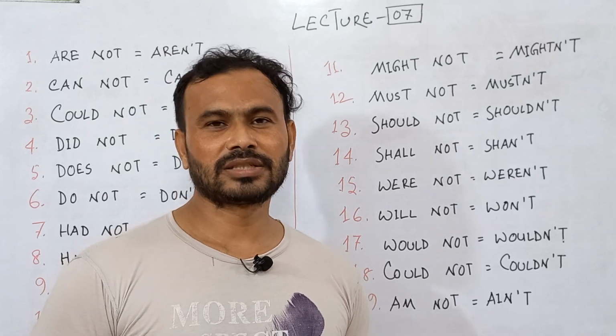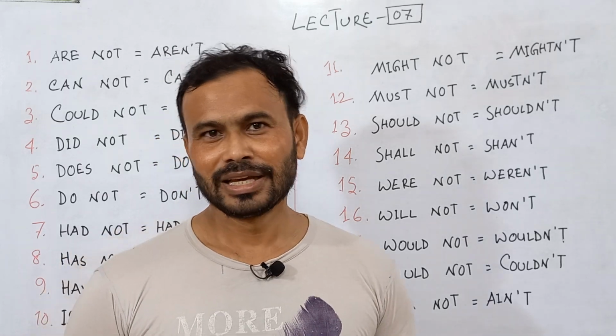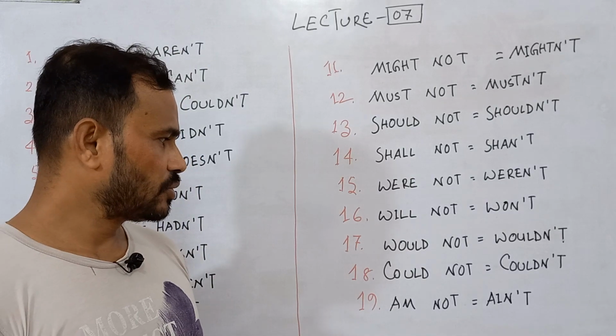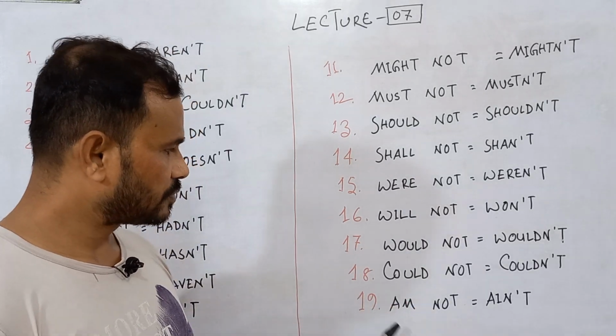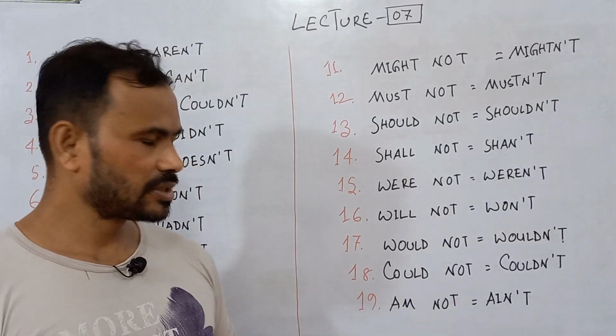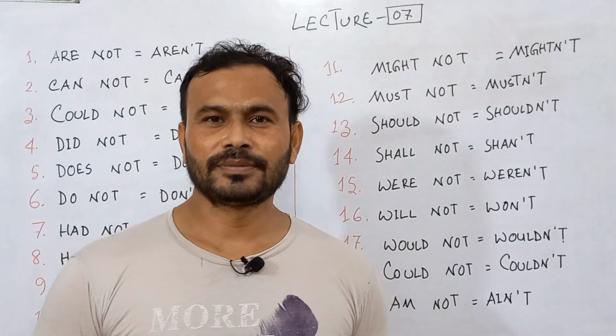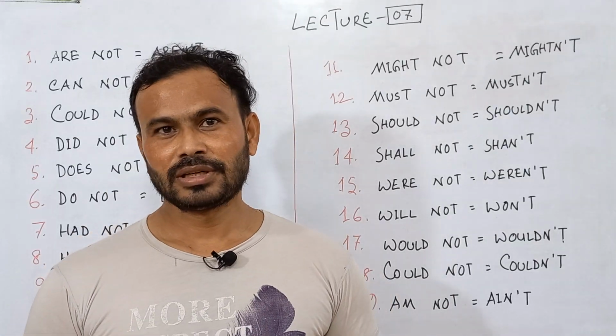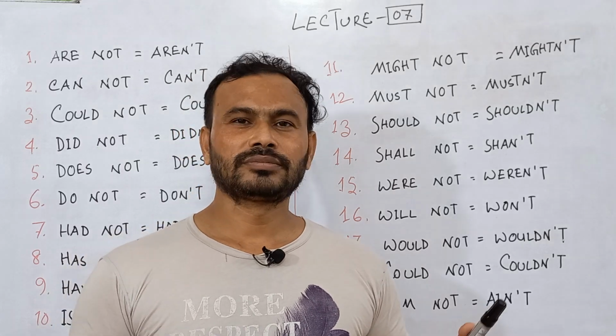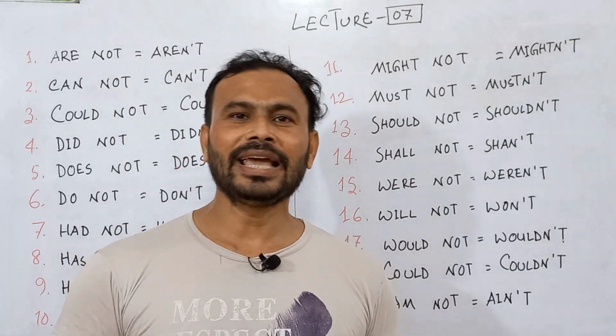We can use the contracted form of am not and say: I ain't doing this again.